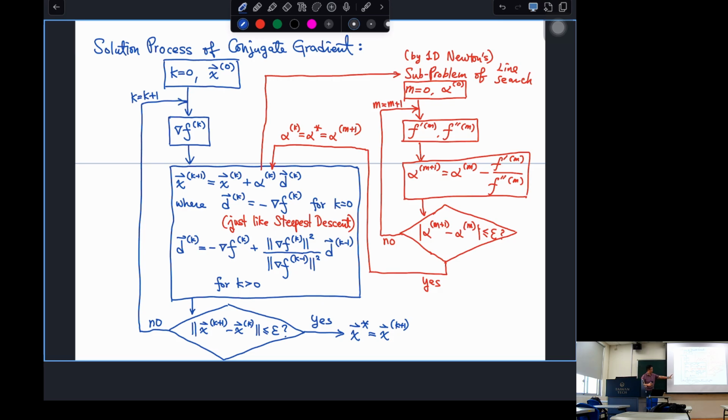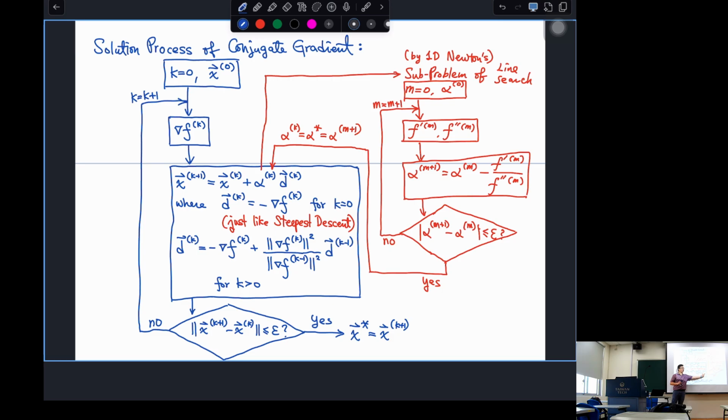Actually, the only difference is here. If you do not use this equation when k is larger than 0, then you are still doing steepest descent. So the only difference is right at the second iteration, you start to change your searching direction by this interesting term.